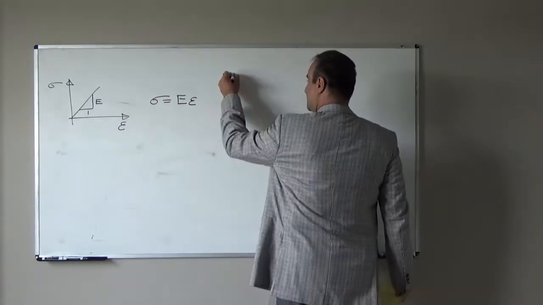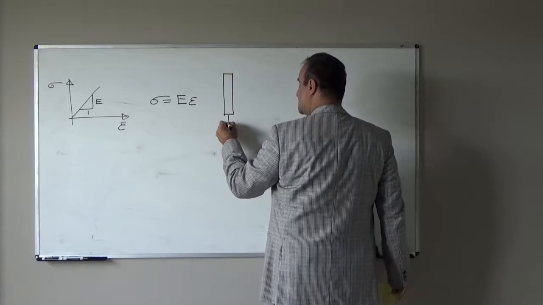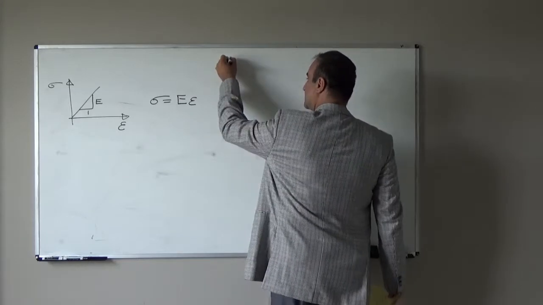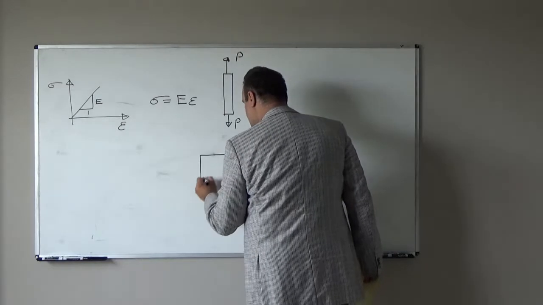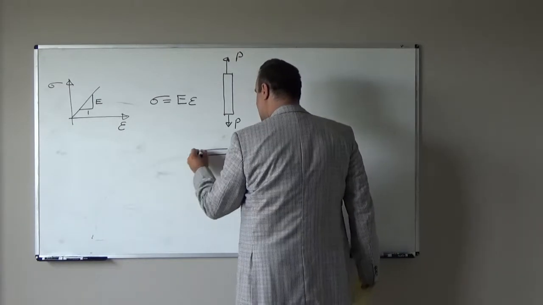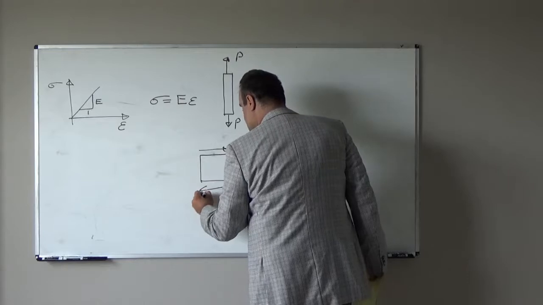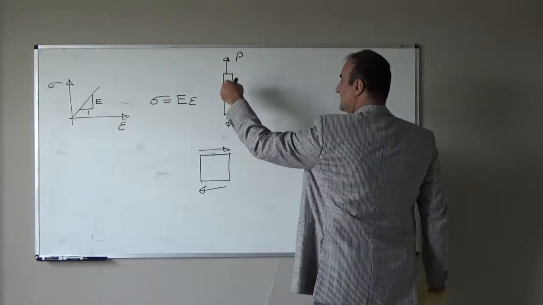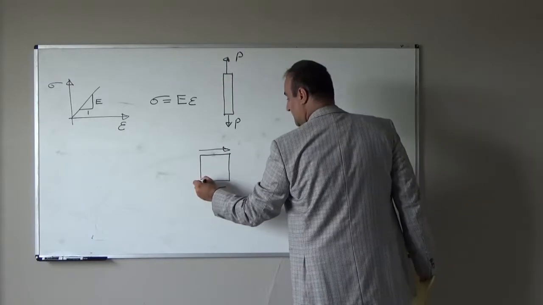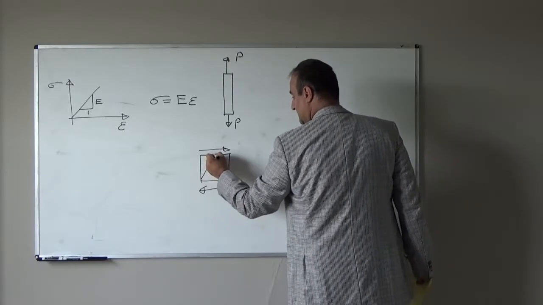If we have a rod, we apply tension or compression like this. If we have material and we apply shear force like this, here the deformation will be elongation. Here the deformation will be like this.